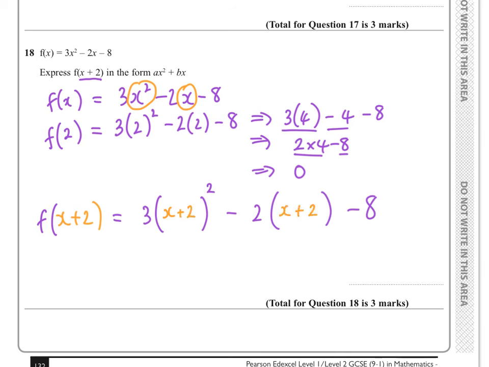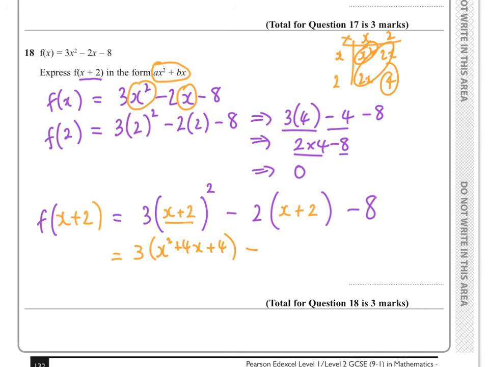Then all I have to do is expand it all out and then see what we're left with. So we'll have 3 lots of, well, x plus 2 multiplied by x plus 2, well, that gives us x squared, and then we've got 4x and 4. So we've got x squared plus 4x plus 4, and then we can multiply this out, no problem. Just be careful with the signs.